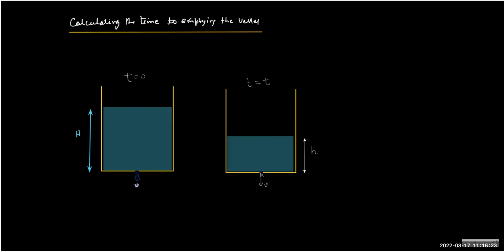So we can assume the cross section area is capital A and small a. So this area is capital A, and this area is very small, small a, and this condition is satisfied, so the orifice condition is satisfied because we want to use the Torricelli theorem.